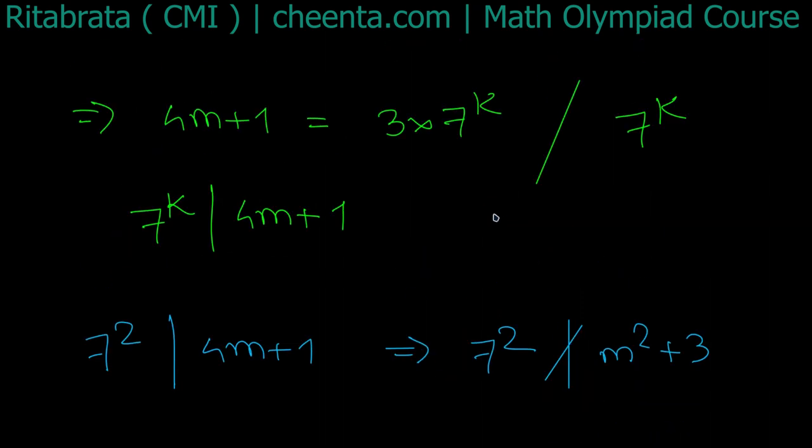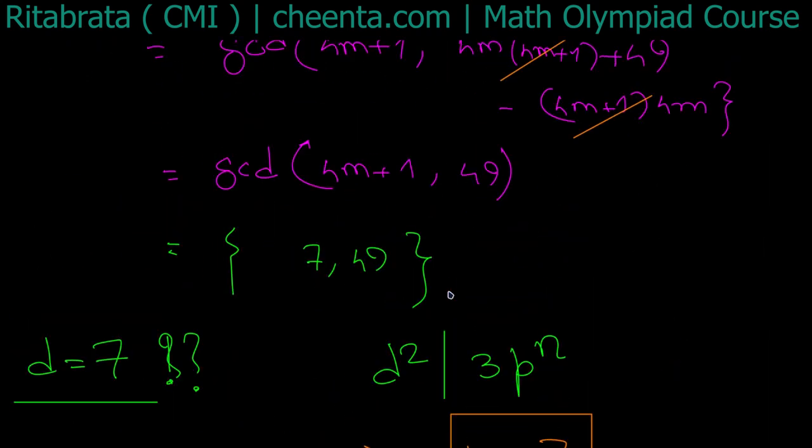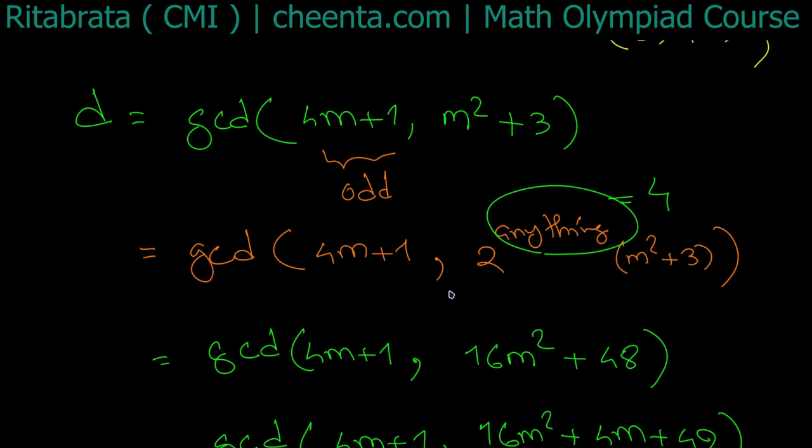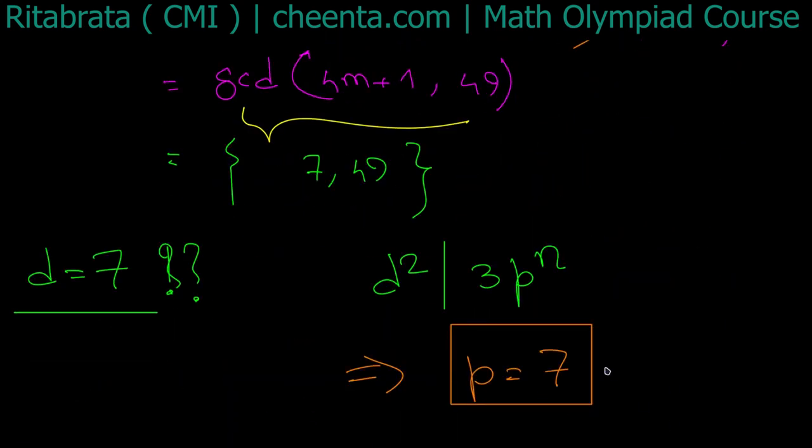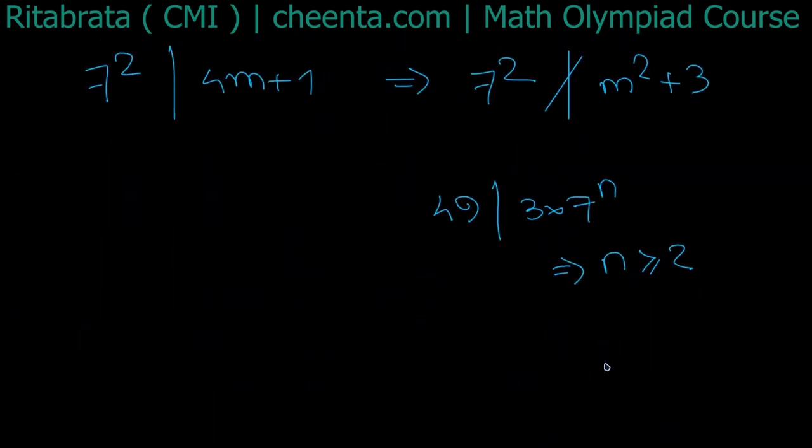We have to think about one thing, because d is also the GCD of 4m plus 1 and 49. So that is an important thing that we need to observe. We have GCD of 4m plus 1, comma 49 equal to 7.